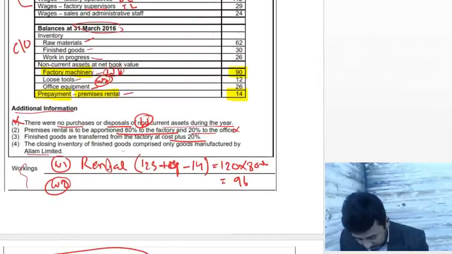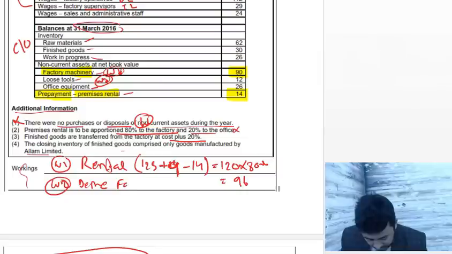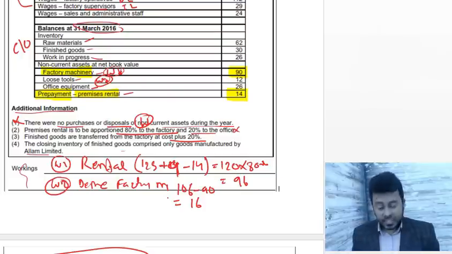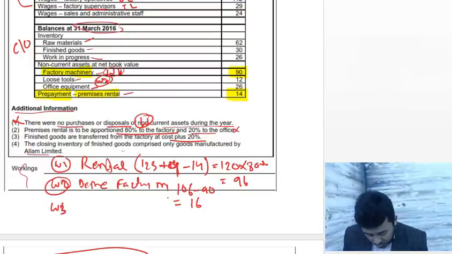So factory machine is 106 minus 90, you should get, yeah, 16 is the depreciation. Another depreciation, loose tools.